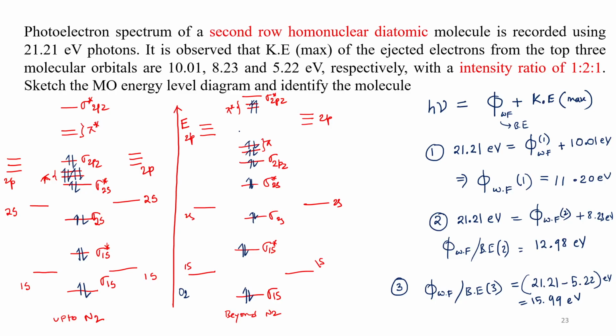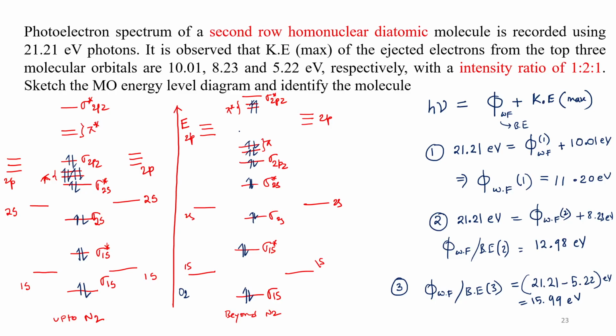So as you can see, the intensity ratio is given as 1:2:1. It could be oxygen, it cannot be fluorine, right? And it cannot be neon for sure, because Ne2 doesn't really form as a homonuclear molecule, because the bond order is 0.